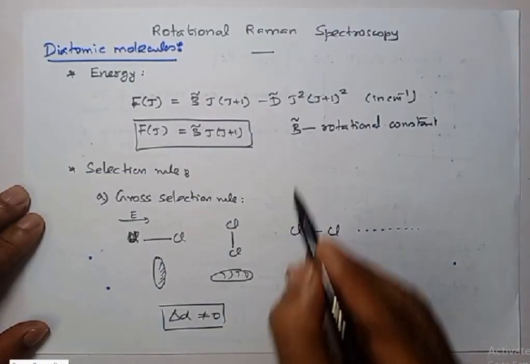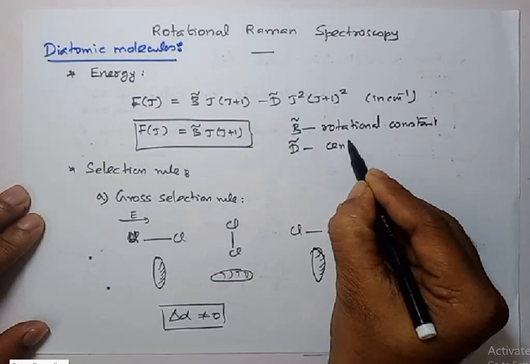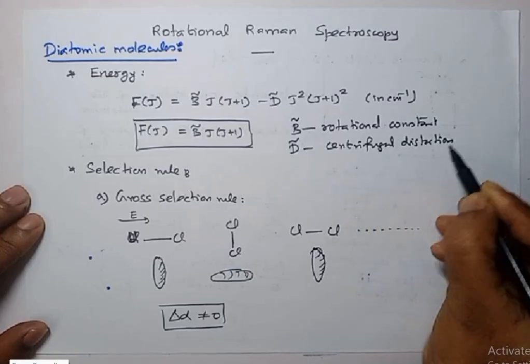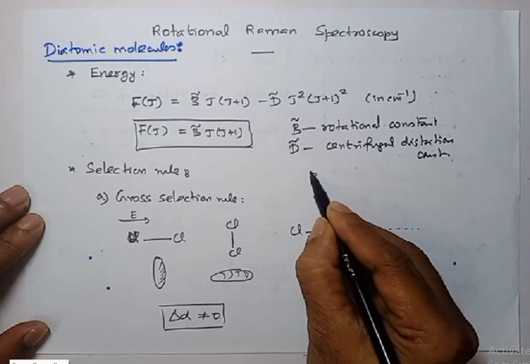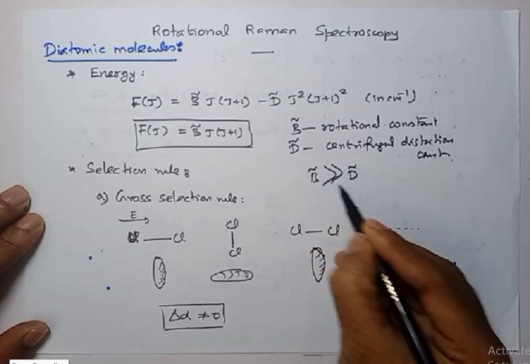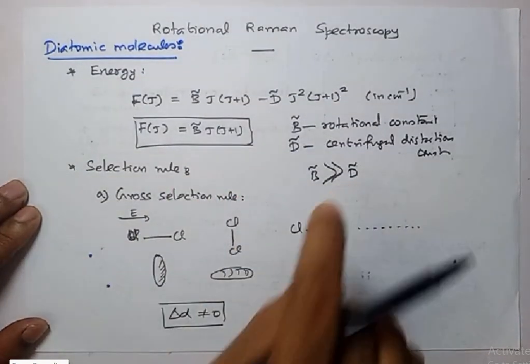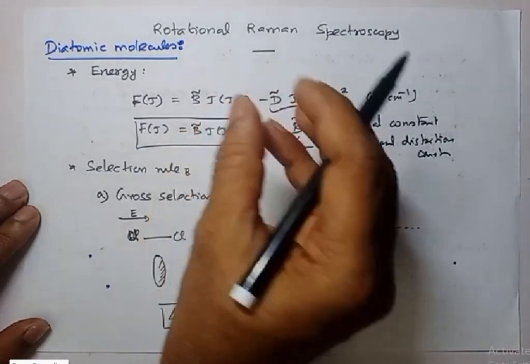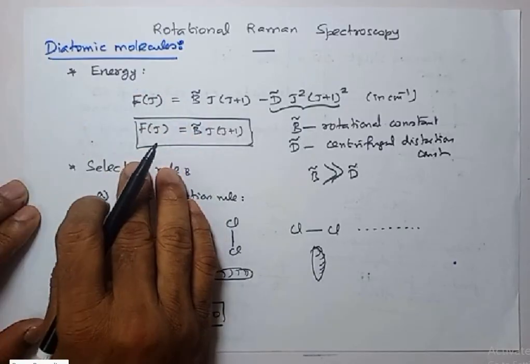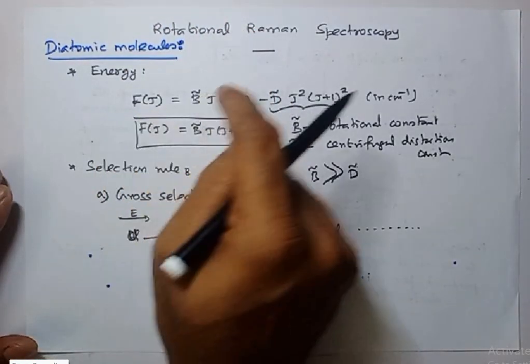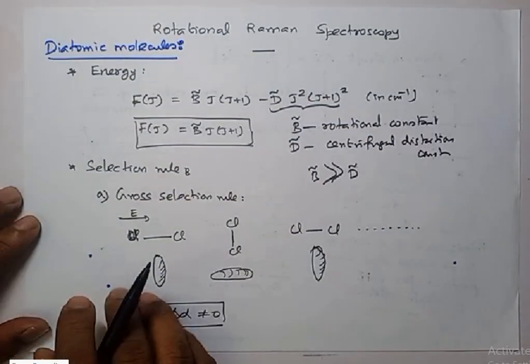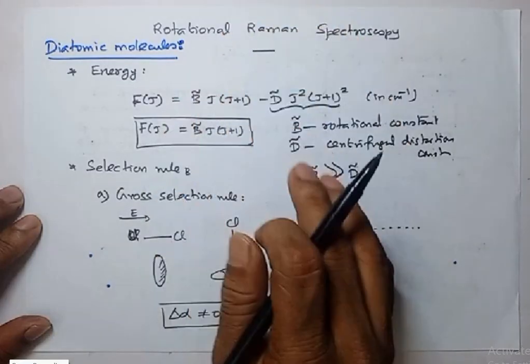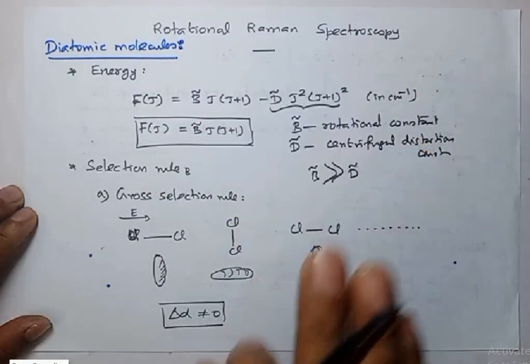And remember, if you compare the B value and D value, B is very, very large compared to D. Since D is small, the contribution of the second term to the energy is generally very small in rotational Raman spectroscopy. So we usually neglect this term.